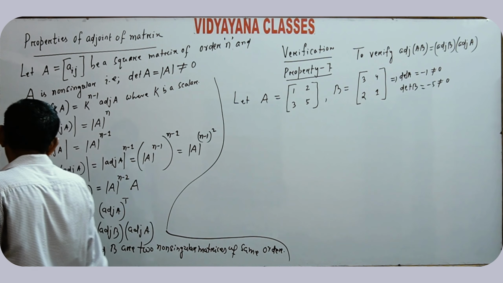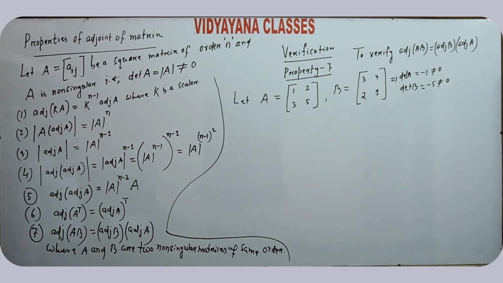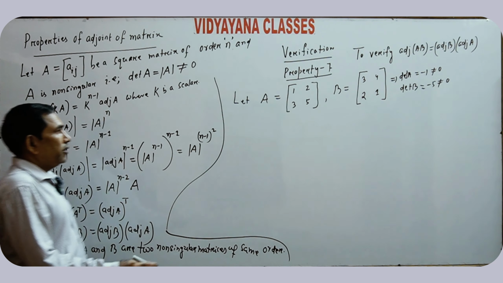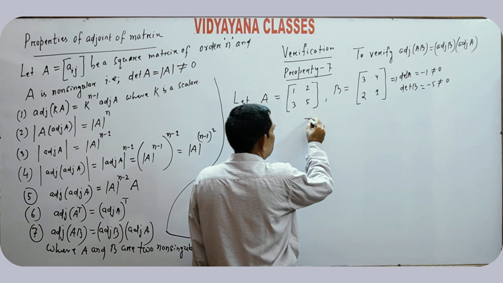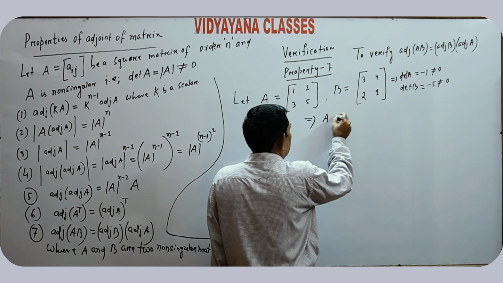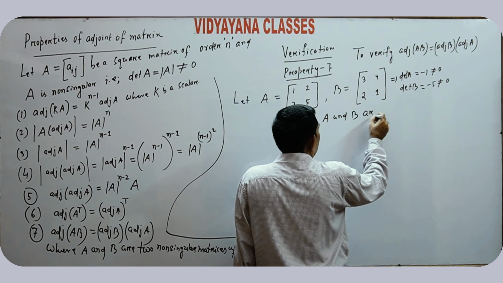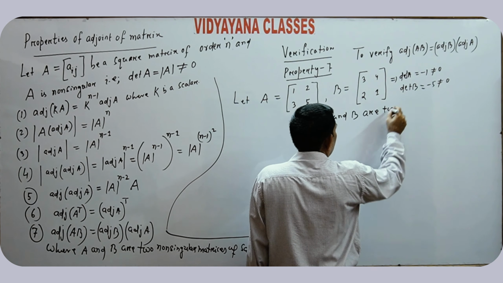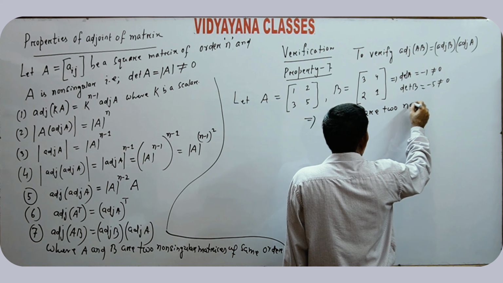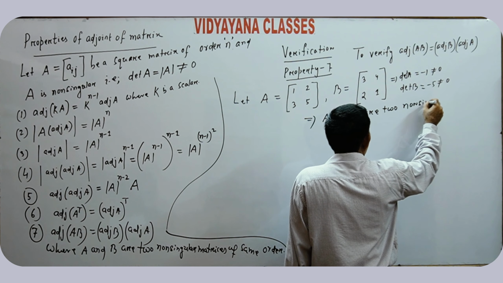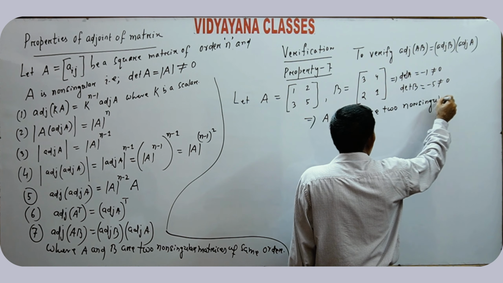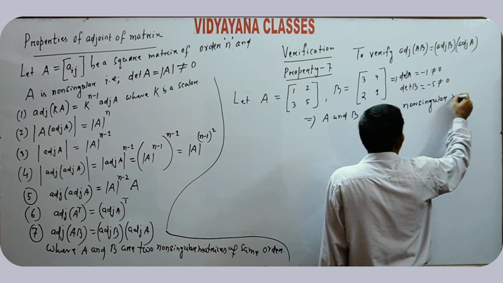Property number 7 is true whenever A and B are non-singular. So capital A and capital B are two non-singular matrices.